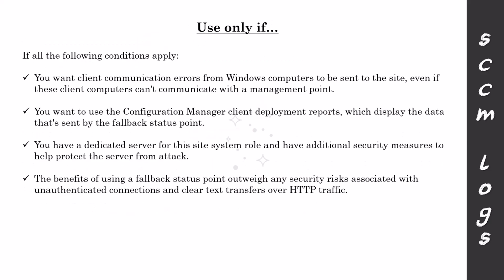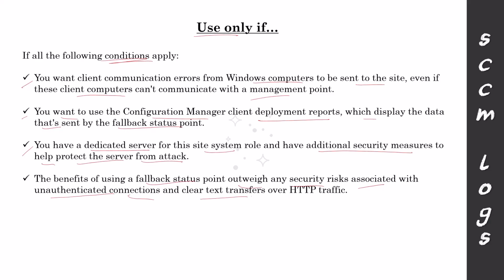So next, only use it if these conditions apply. If you want client communication errors from the Windows computers to be sent to the site, even if these client computers cannot communicate with the MP, and also if you want to use the Configuration Manager client deployment reports, which display the data sent by the fallback status point, and you have a dedicated server for this FSP role, and have additional security measures to help protect the server from attack, and the benefits of using FSP outweigh any security risk associated with the unauthenticated connections and clear text transfers.